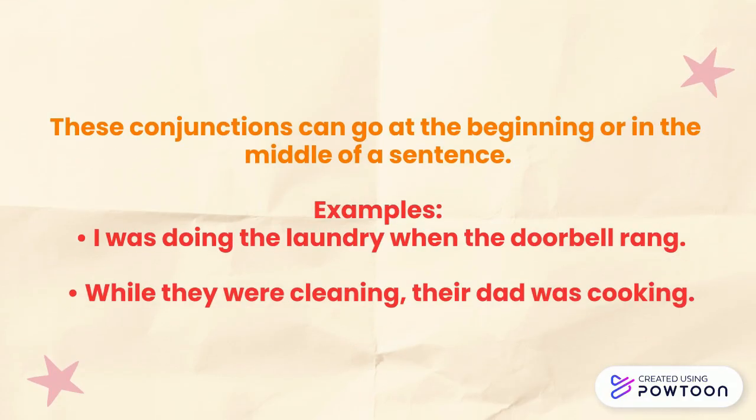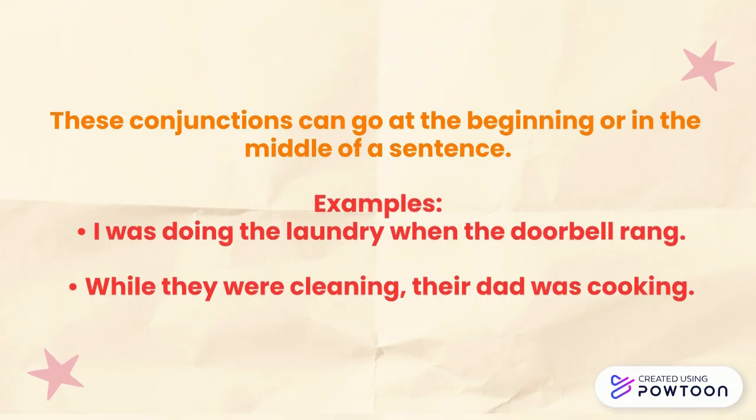While and when can appear at the beginning or in the middle of a sentence, but generally we use while to introduce an action that was already in progress, and we often use when to introduce the action that interrupted. For example, I was doing the laundry when the doorbell rang. While they were cleaning, their dad was cooking.